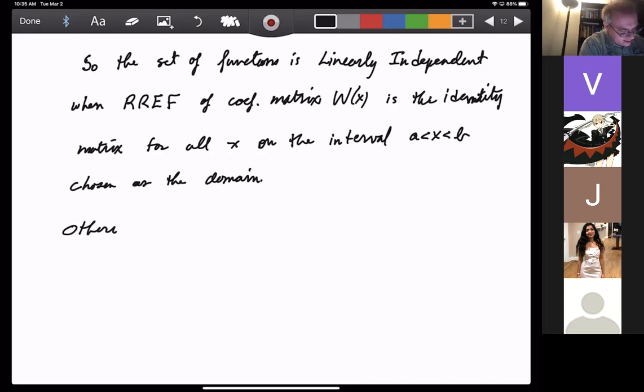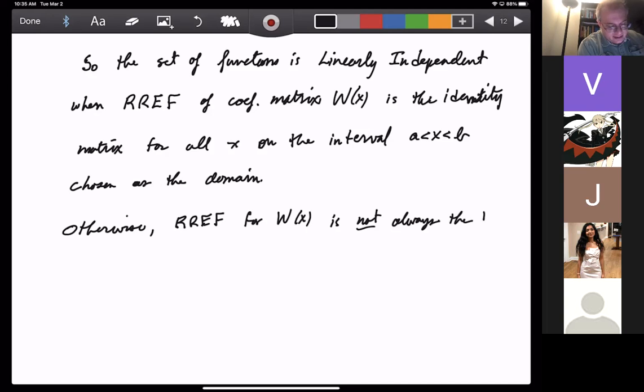Otherwise, meaning that the RREF for W of x is not always the identity, then the set of functions is linearly dependent.